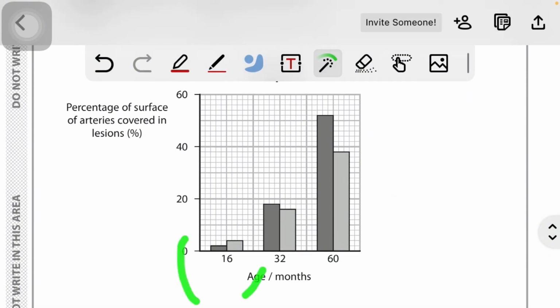In 16 months, the saturated is low, but the unsaturated is more. At 32 months, vice versa. In 60 months, the saturated one is way higher than the unsaturated one. Okay.